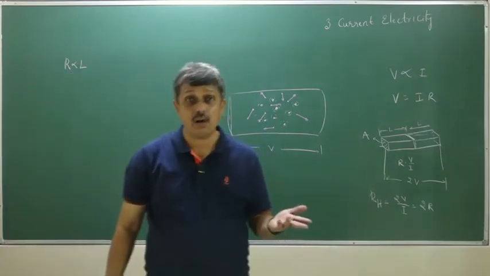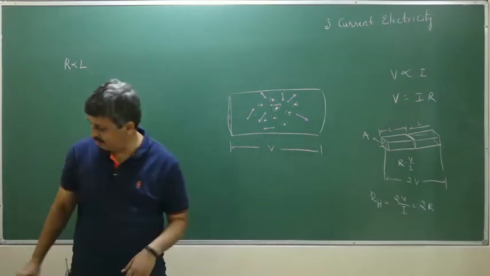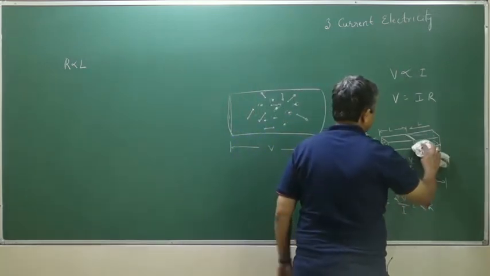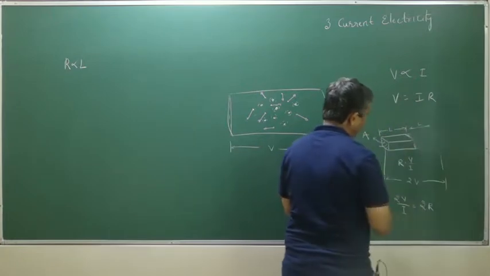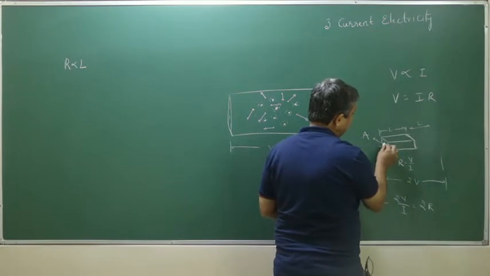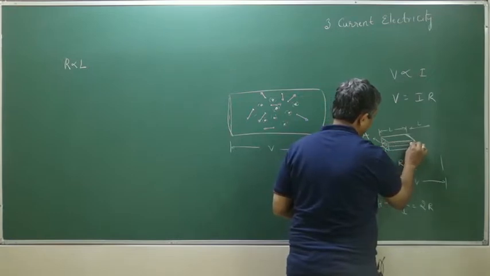Similarly, we can figure out that instead of adding a block by the side, I am going to add it in parallel. So I will take just one block like this and cut this block halfway like this.